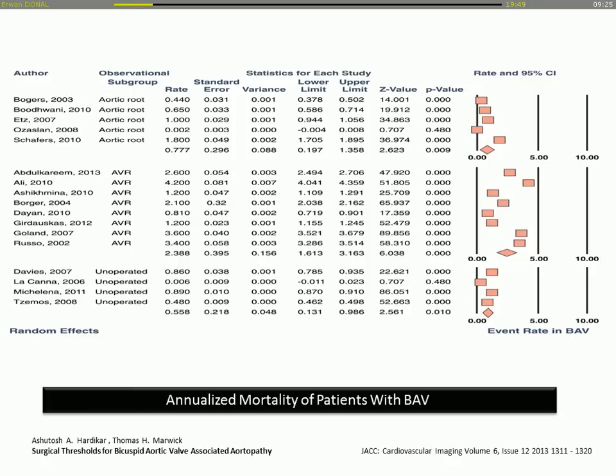So we know that if we make the diagnosis of a bicuspid aortic valve, it is very important because it will change the way we will follow the patient. And if we follow the patient adequately, the risk of the patient is probably a little bit higher than the risk in the general population, but it's not a very high risk of event.